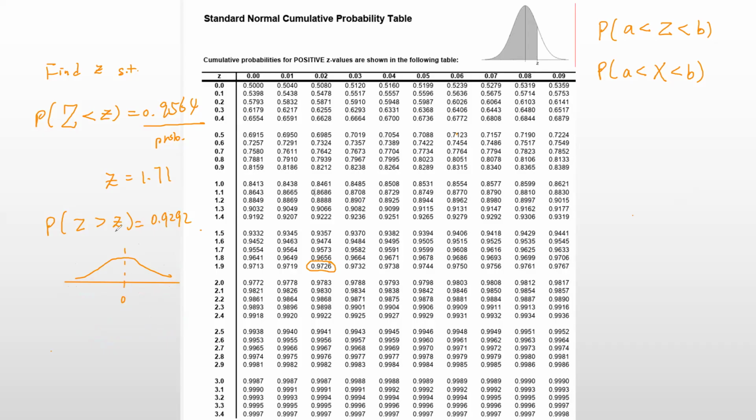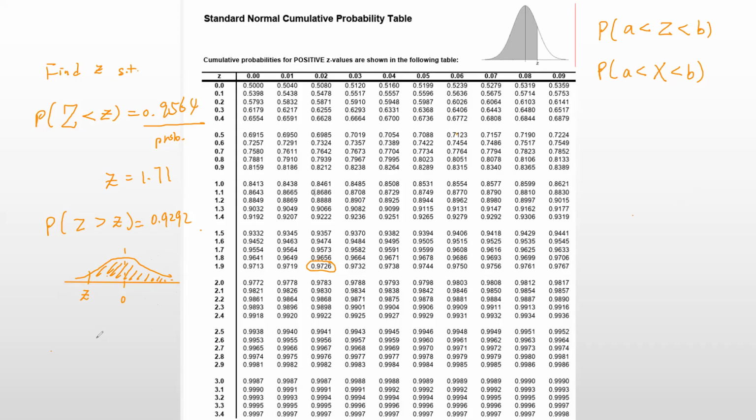The probability of greater than little z is bigger than 0.5, so this little z has to be somewhere here. This area is bigger than 0.5. If your z were here, then greater than z would be here, and the area is less than 0.5, so that's not good. So you need to figure out where the z is.